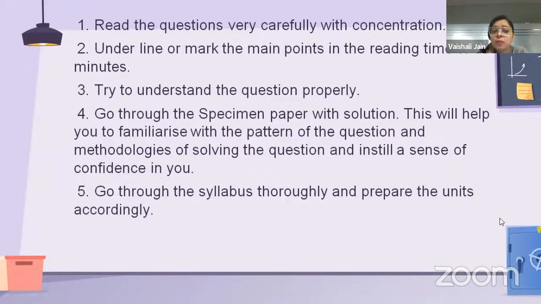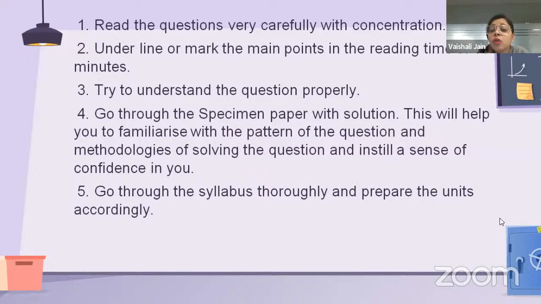So this is one big problem that students specifically face in economics, that they do not read the question carefully with concentration. The deconstruction, the breaking down of the question is very necessary. The child should be able to interpret the question properly, break it into parts and answer it accordingly.